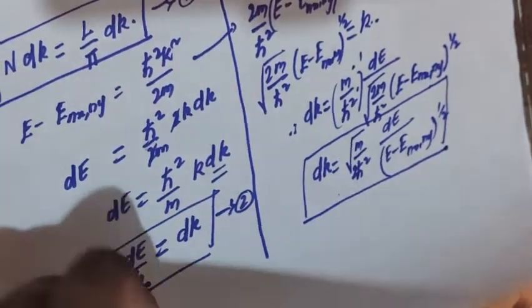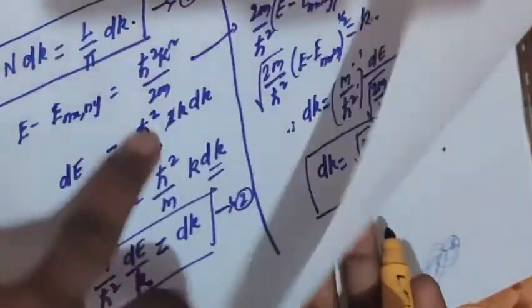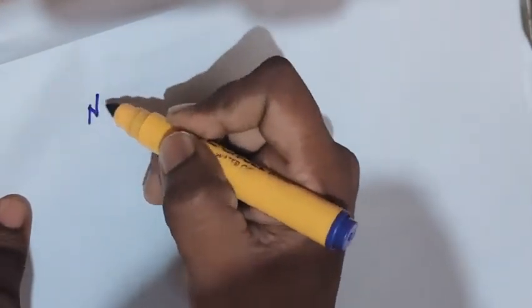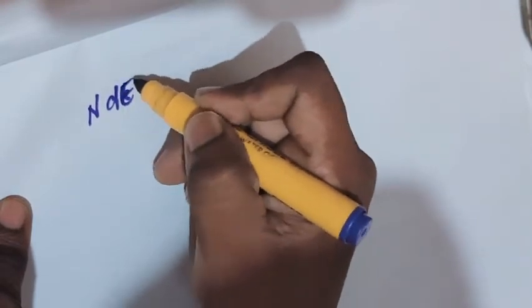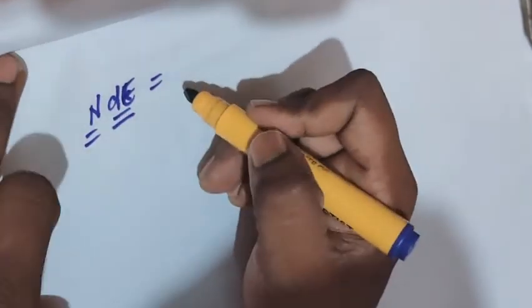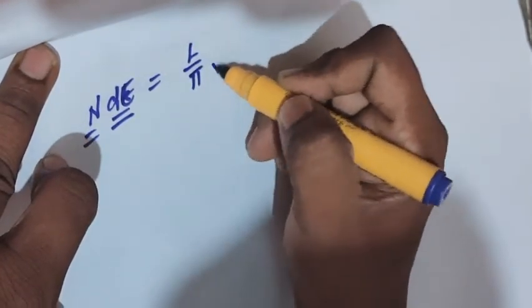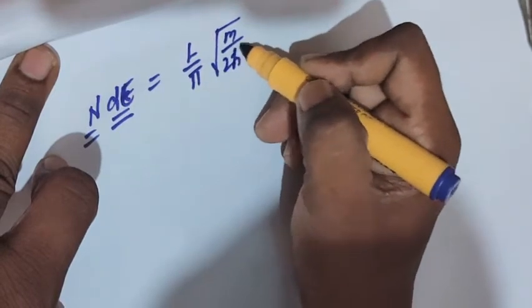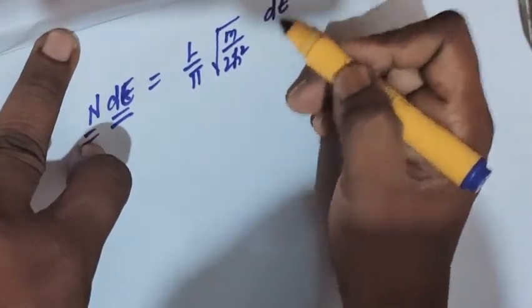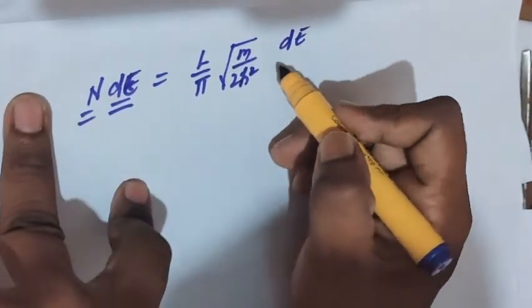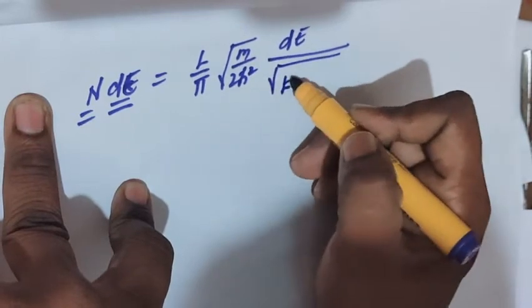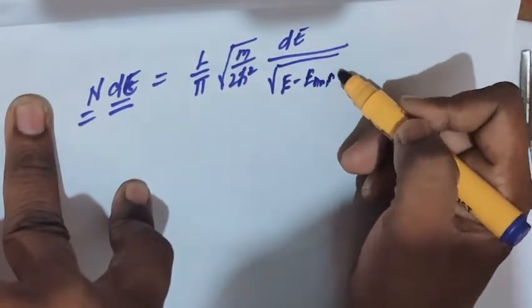So what value you will get: n of k dk. Now you are converting this to energy, so the number of electrons is equal to L by π, square root of m by 2ħ², dE divided by square root of E minus E_nx,ny.